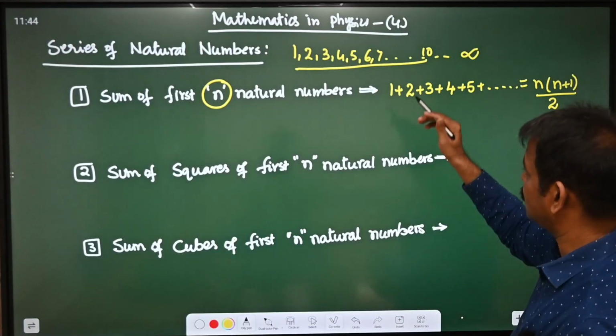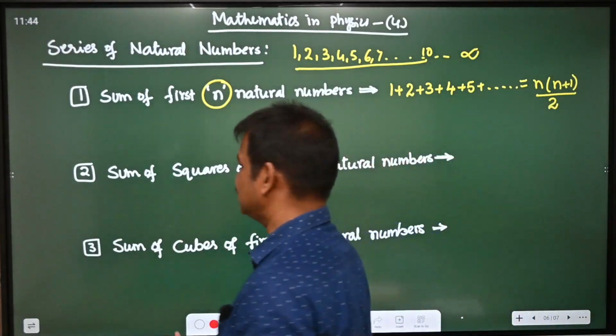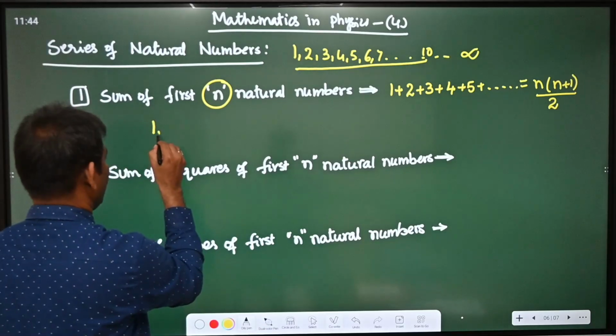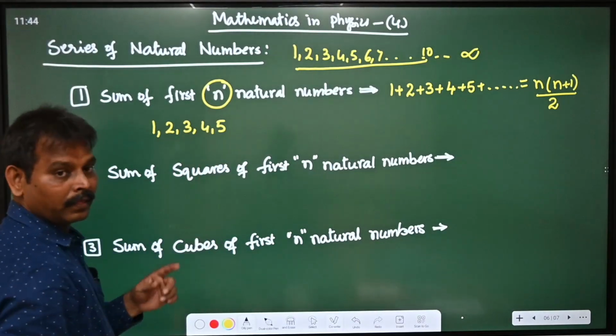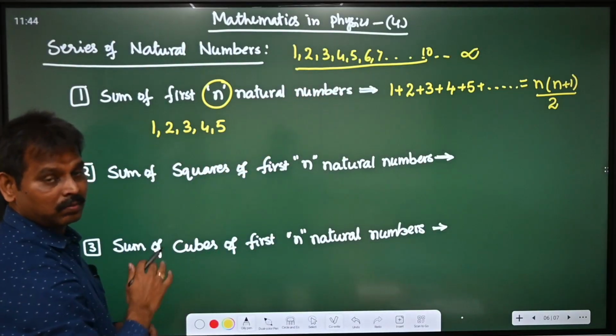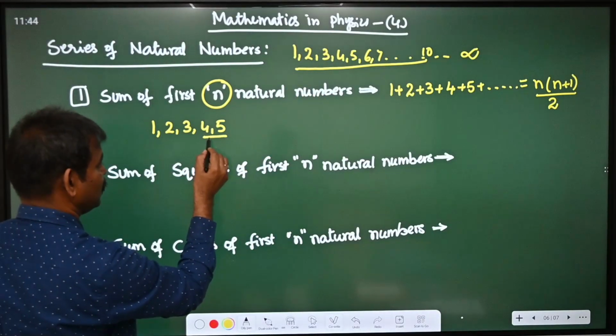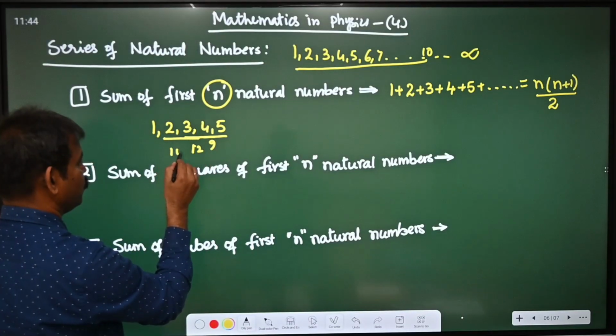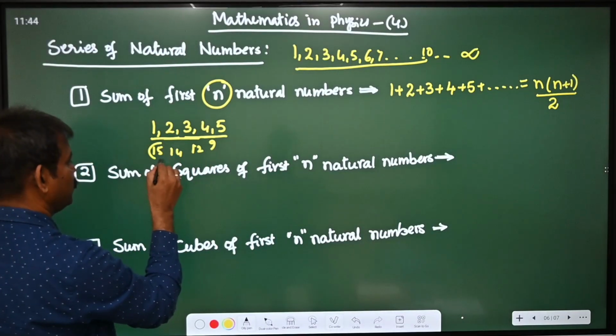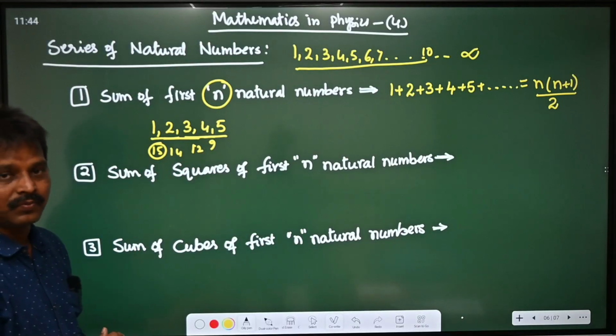Suppose I ask you to find the sum of the first 5 numbers, 1, 2, 3, 4, 5. Without knowing the formula, we can find this value: 3, 6, 10, 15. This is the sum of these 5 numbers.